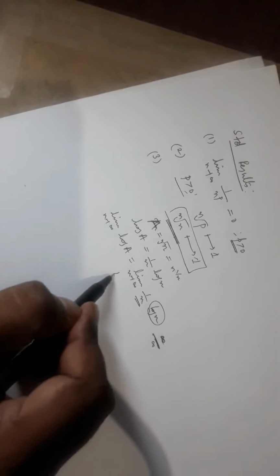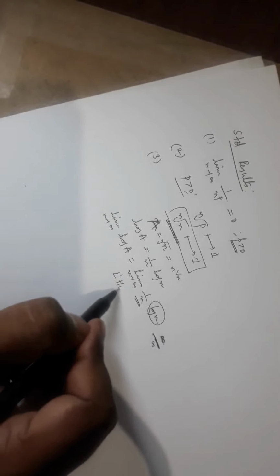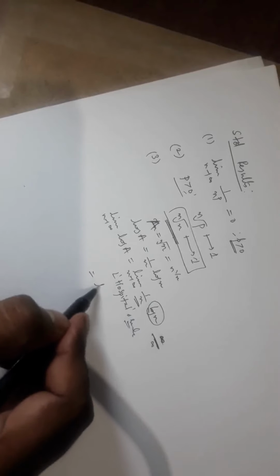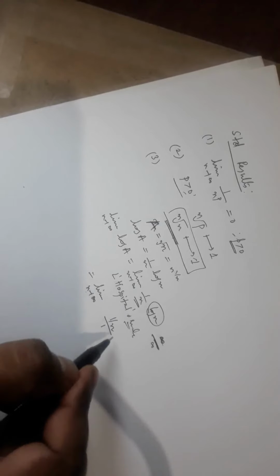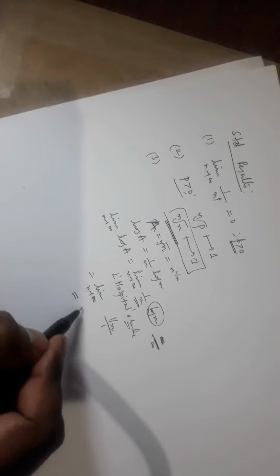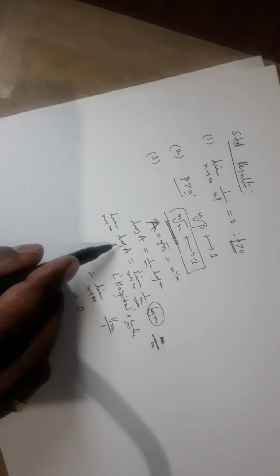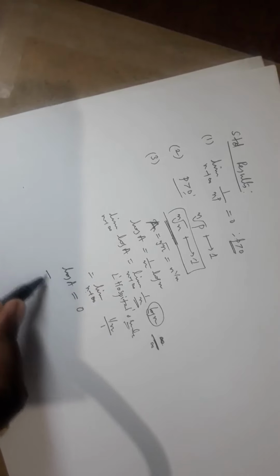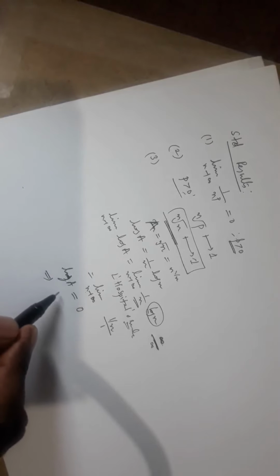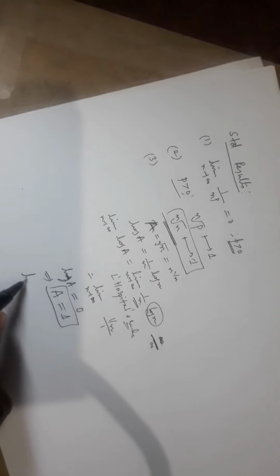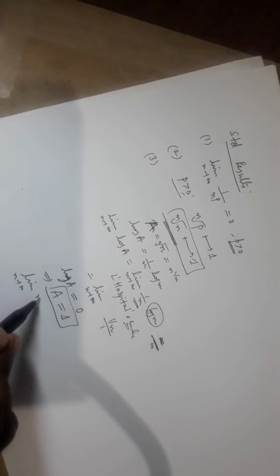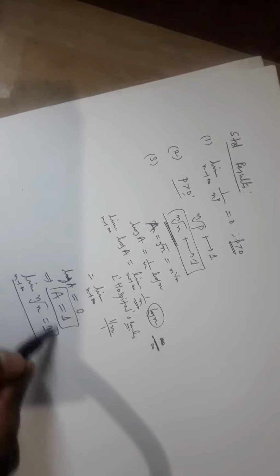So we will apply L'Hopital's rule. Applying it, the derivative of log n is 1 by n, the denominator is 1. As n tends to infinity, this will go to 0. That means log a is 0. This implies a is nothing but 1. That is, the limit of n tending to infinity of the nth root of n is 1.